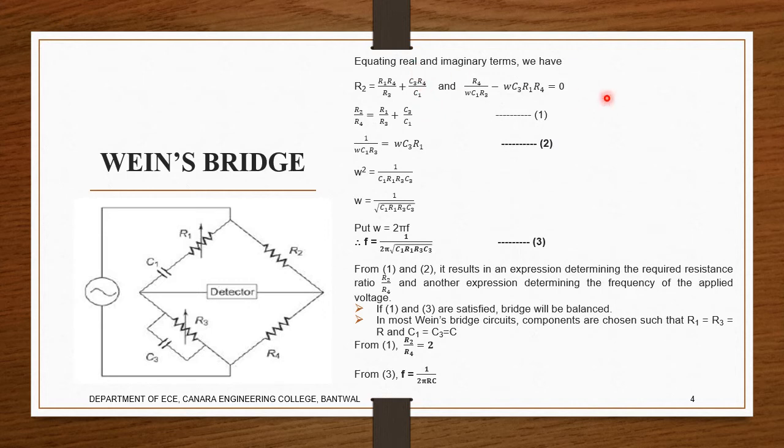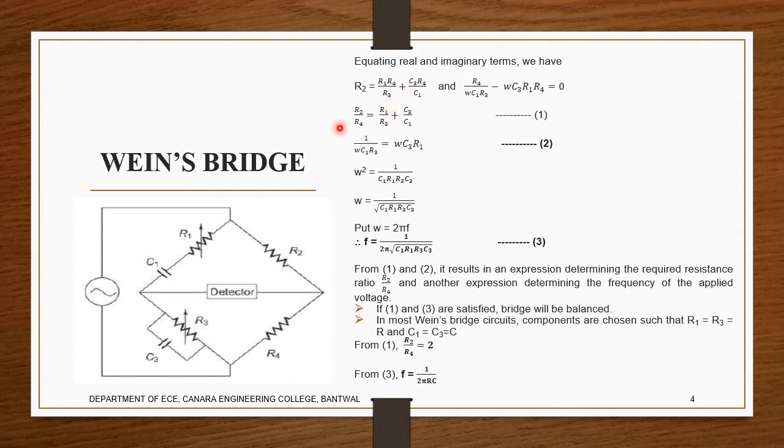The real part is R2 equals R1 R4 divided by R3 plus C3 R4 divided by C1. The imaginary part is R4 divided by omega C1 R3 minus omega C3 R1 R4, equal to 0, since we don't have anything in the imaginary part on the left-hand side, so it is equated to 0.